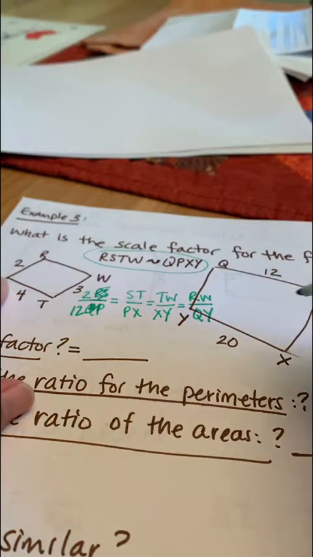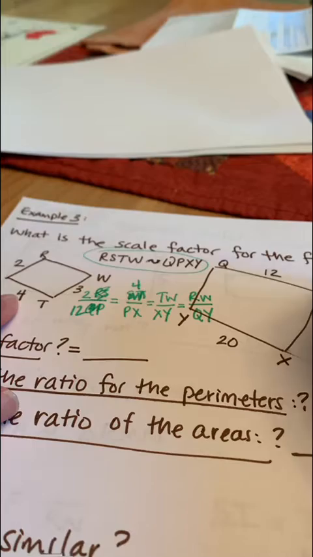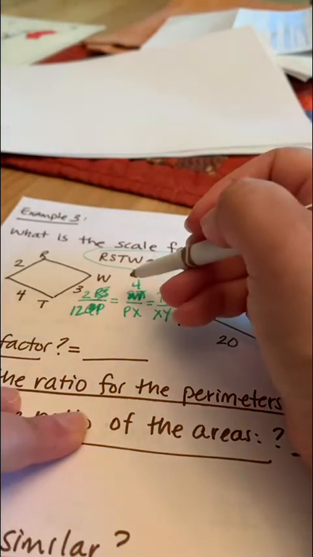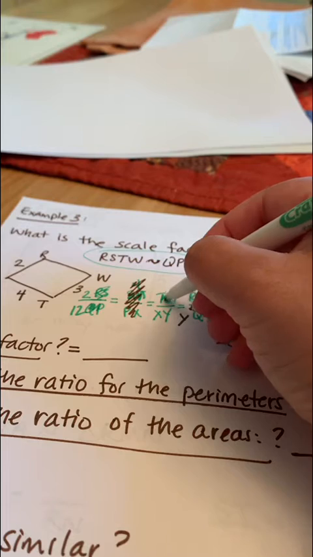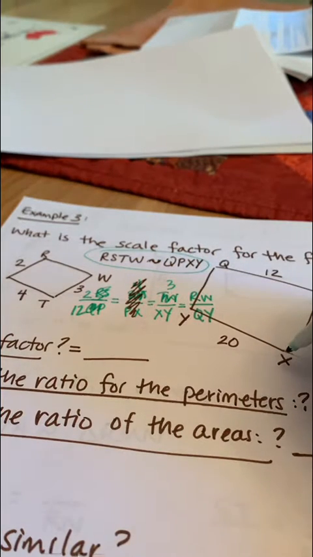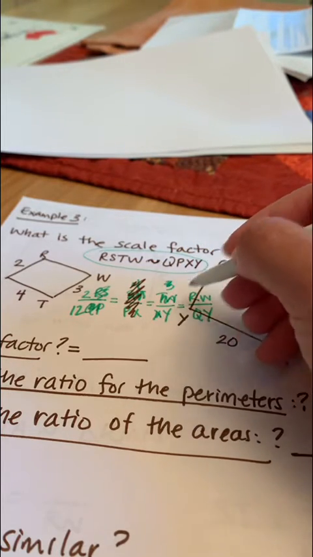ST I have here at 4. PX I don't have, and when I don't have it and I'm doing a scale factor, that doesn't help me at all, so I'm going to get rid of it. TW I have here at 3, but XY, oh I do have here at 20.